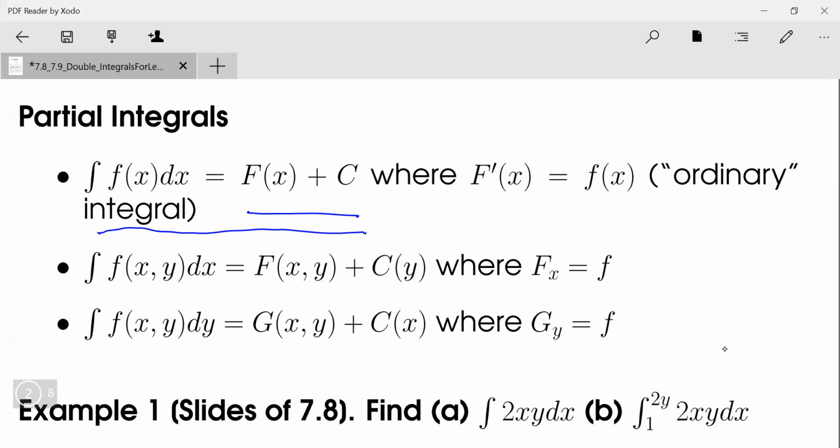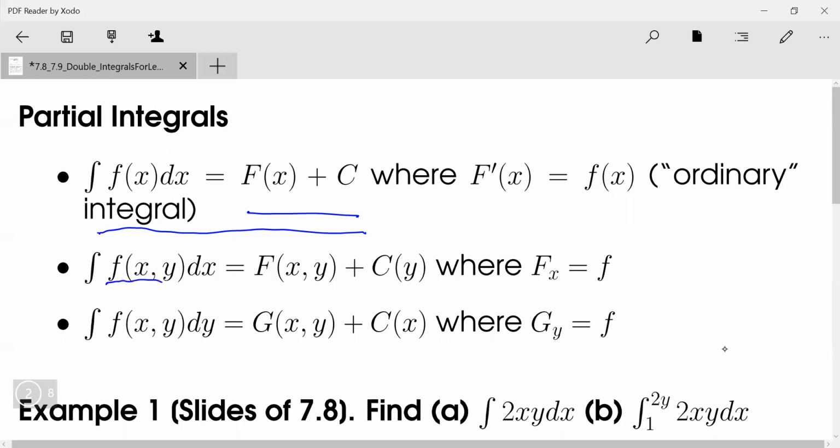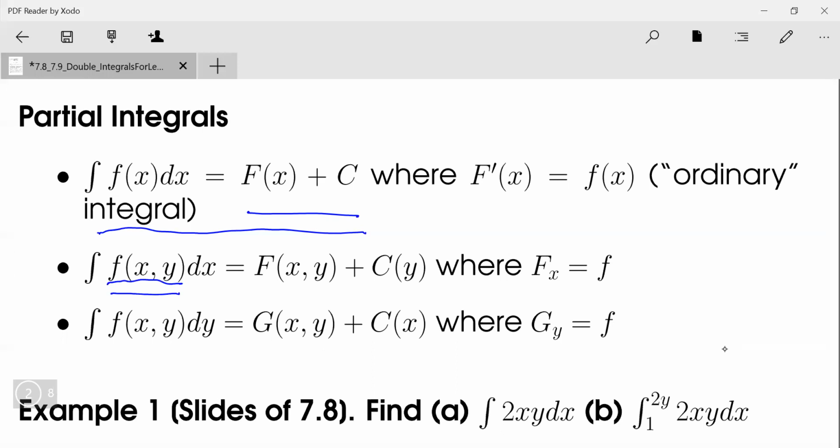Now, suppose we have a function of two variables, f of x, y. The integral with respect to x, because x is only one of the variables, we call a partial integral.